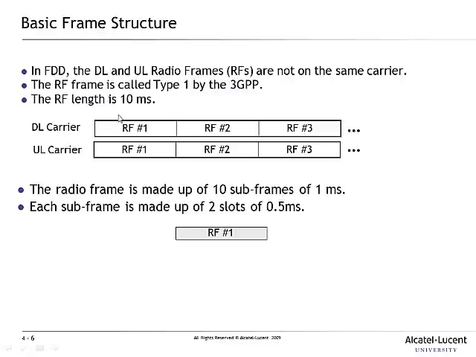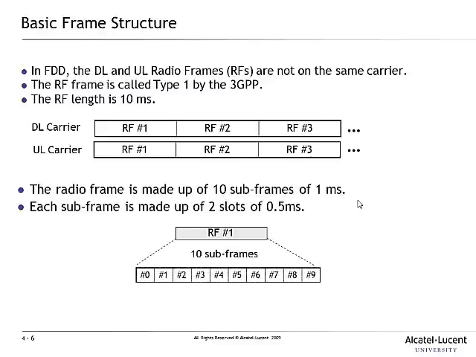Both in type 1 as well as in type 2, the radio frame length is 10 milliseconds. And on the uplink direction, we have 10 subframes, each of a duration 1 millisecond. And 1 millisecond corresponds to 2 resource blocks, or a PRB, as we referred to last week. So within a radio frame we have 10 subframes.